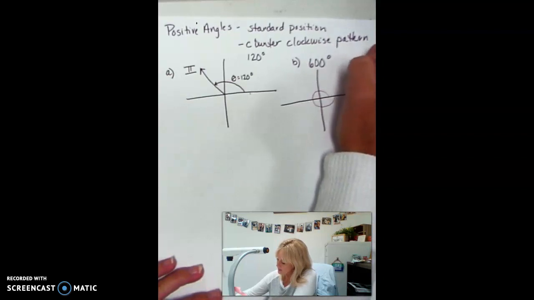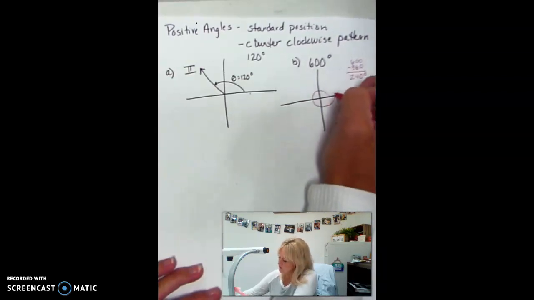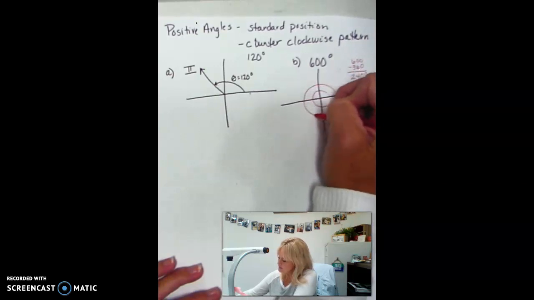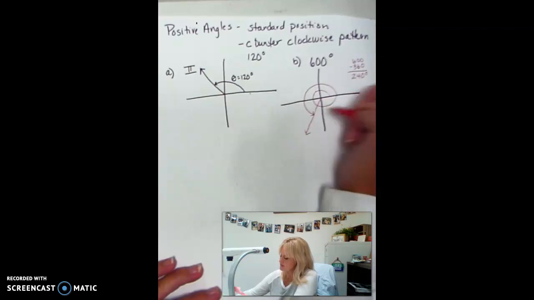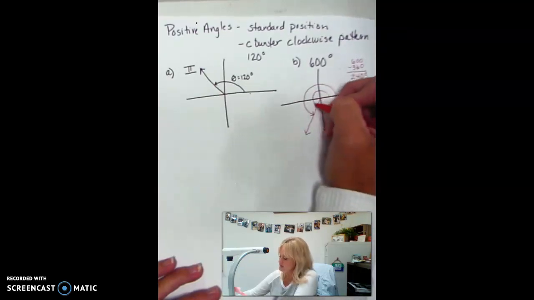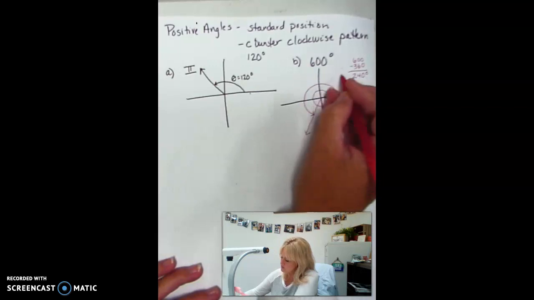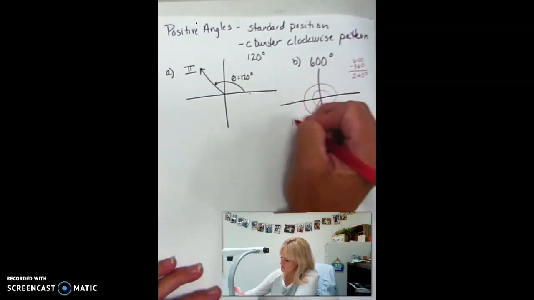Well, I've already gone around 360 degrees, so I need to go around another 240 degrees. So I'm going to go almost to 270 and draw my line. Notice I'm using my arrow to show what direction I started at. I've gone around 360 and an additional 240. This is in quadrant 1, 2, 3.